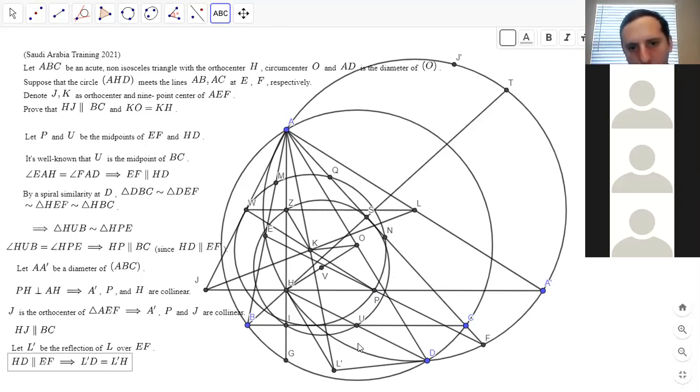And then we have WA is equal to PL, which is equal to PL prime. So K will be the midpoint of AL prime.